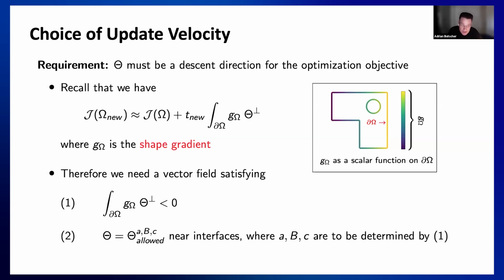And the other thing, as I said earlier, is that we need theta to have the allowed form near the interfaces. But I'm also going to insist that A, B, and C, the translation, rotation, and scaling parameters, must also be chosen in accordance with 1.1 here, which means we have to choose the optimally correct A, B, and C, which allows the movement of that interface to also cause the objective function to decrease.